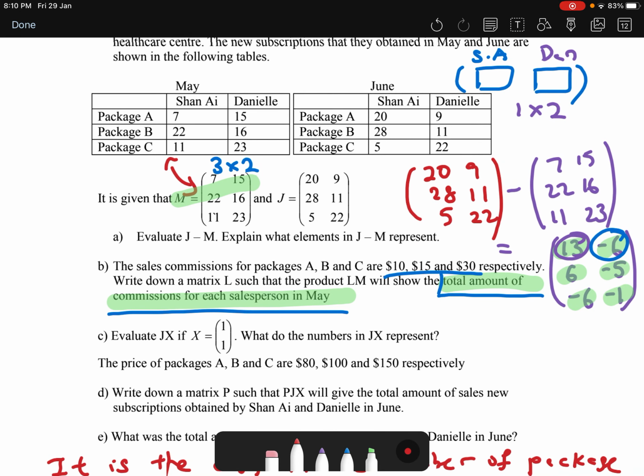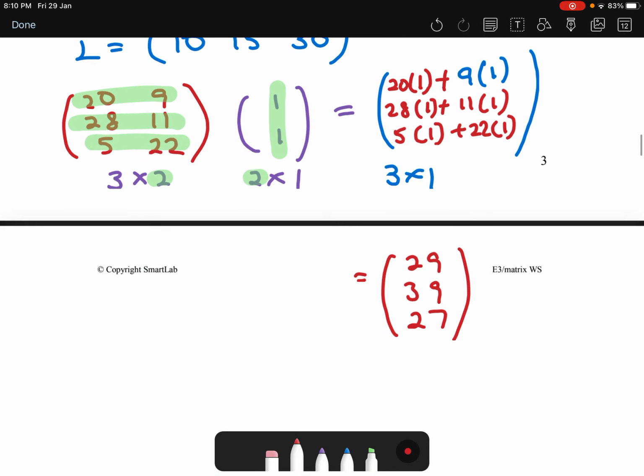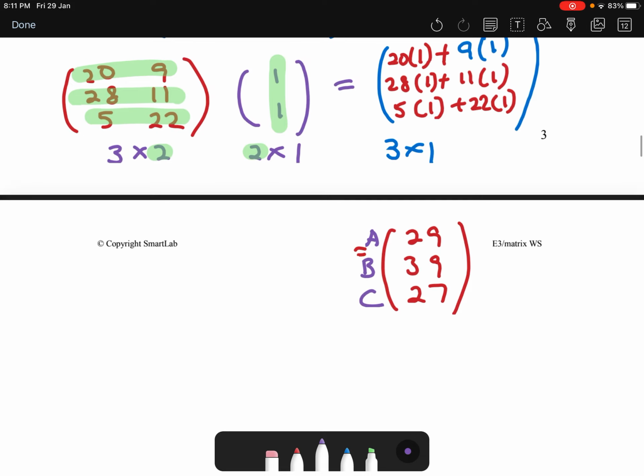Our rows are package A, second row is package B, third row is package C. So basically these 3 elements tell us that 29 is the total number of package A that both Shan Ai and Daniel subscribe.